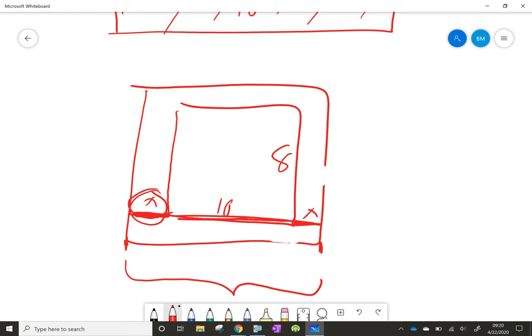However long this side is, it's going to be the same on this side. So that's X inches plus 10 inches plus another X inches.